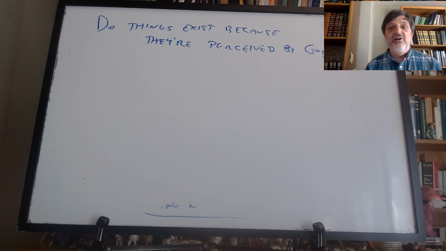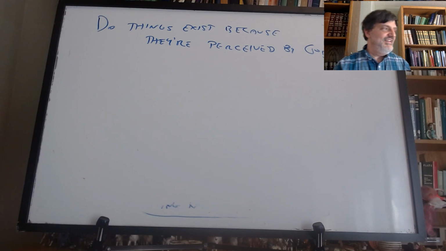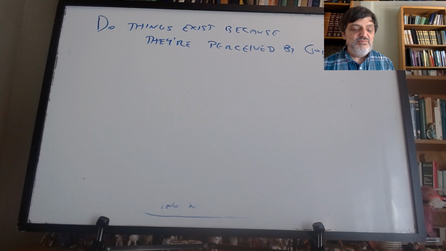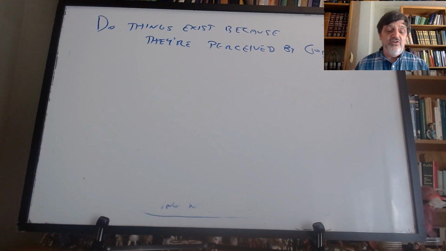So the one thing Berkeley will always say in Existential Comics is that it doesn't matter because the table only exists when God perceives it, or something like that. So this is pretty much the official Berkeley view.